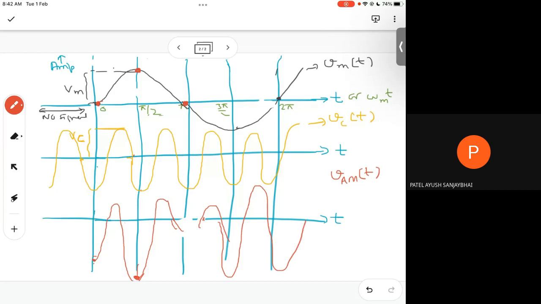So you will get an envelope. It is not drawn very carefully, but it is an envelope something like this. Okay, so this is the envelope I'm getting.